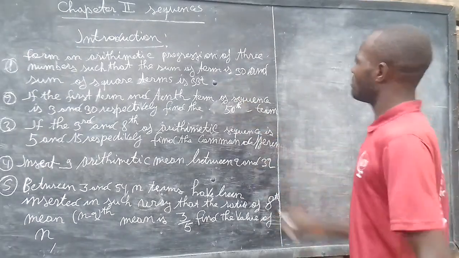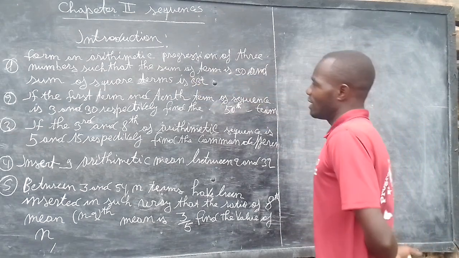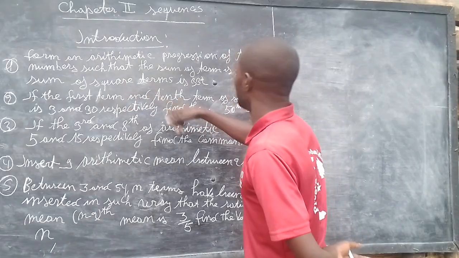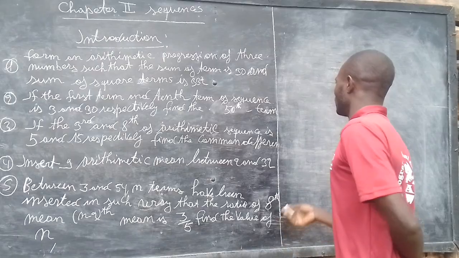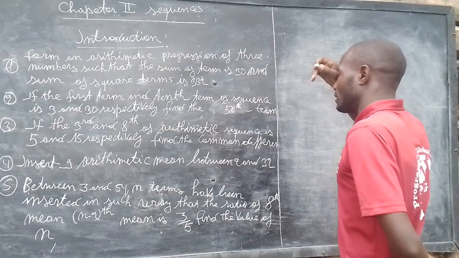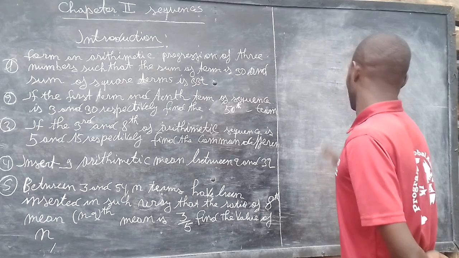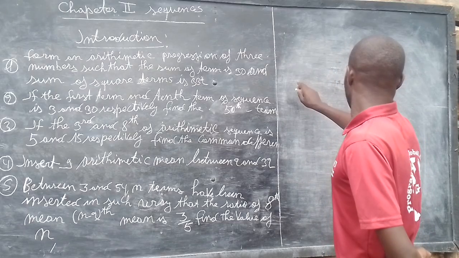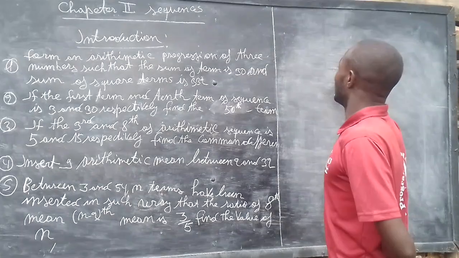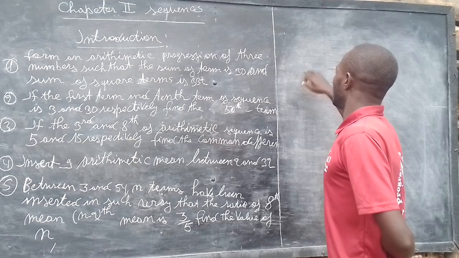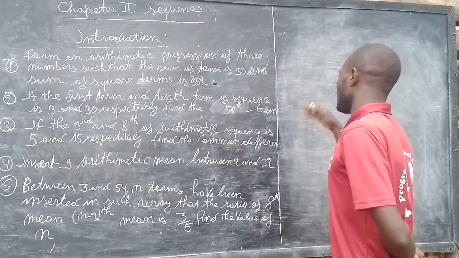So here we have 3 numbers, the sum of the 3 numbers is 30, and the sum of the squares of the 3 terms is 332. If we have a middle number and we want to get the previous number, we take that middle number and subtract the common difference.